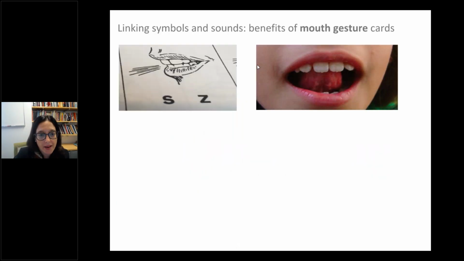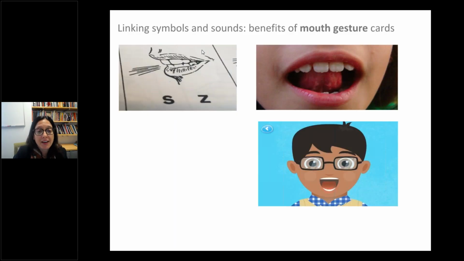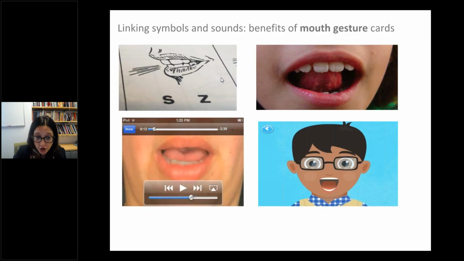That's from a lot of new research that's coming out, but specifically from a study in 2014 that found that kids who use mouth gesture cards, so they can look like this, right? This is from Lindamood-Bell, emphasizing the s and the z are made in similar parts of the mouth.